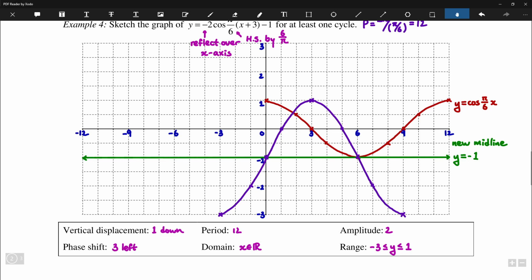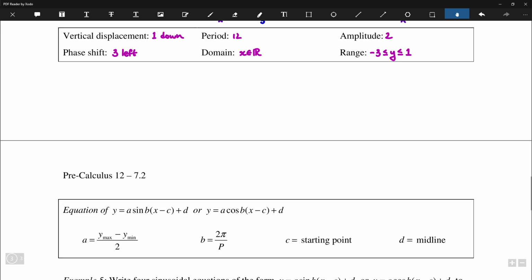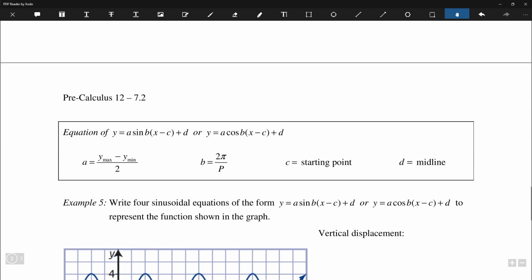Okay. So one more topic to cover here, and that is the writing of the sinusoidal functions based on the transformations that we have seen before. So we have the 4 variables a, b, c, and d. A, as before, is responsible for the vertical stretch, or the amplitude in this case.